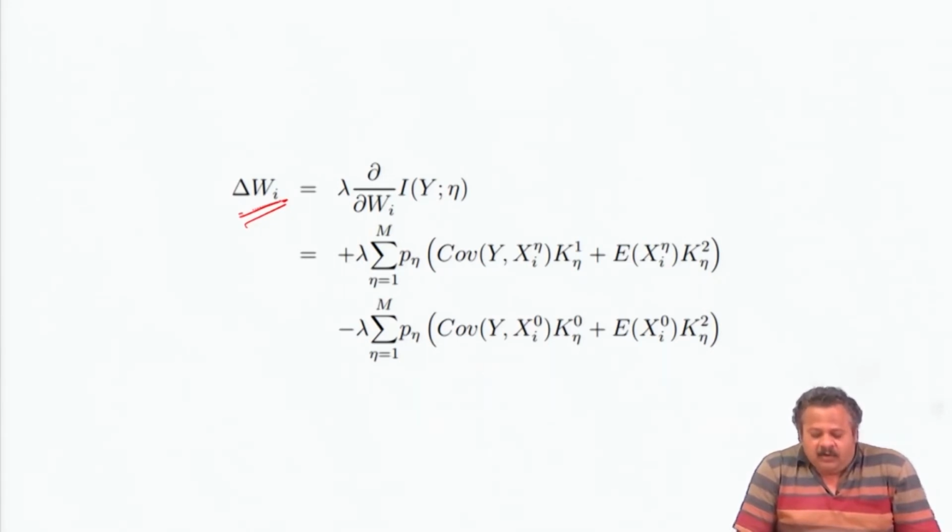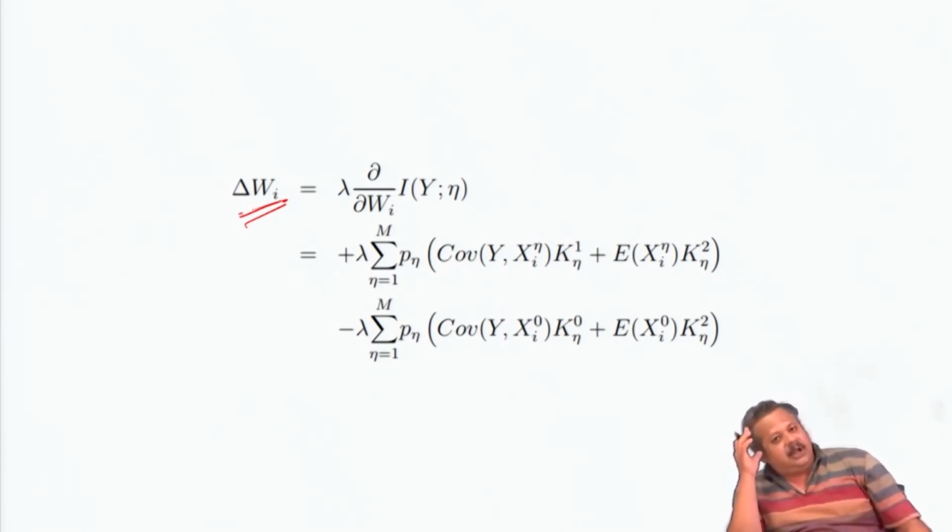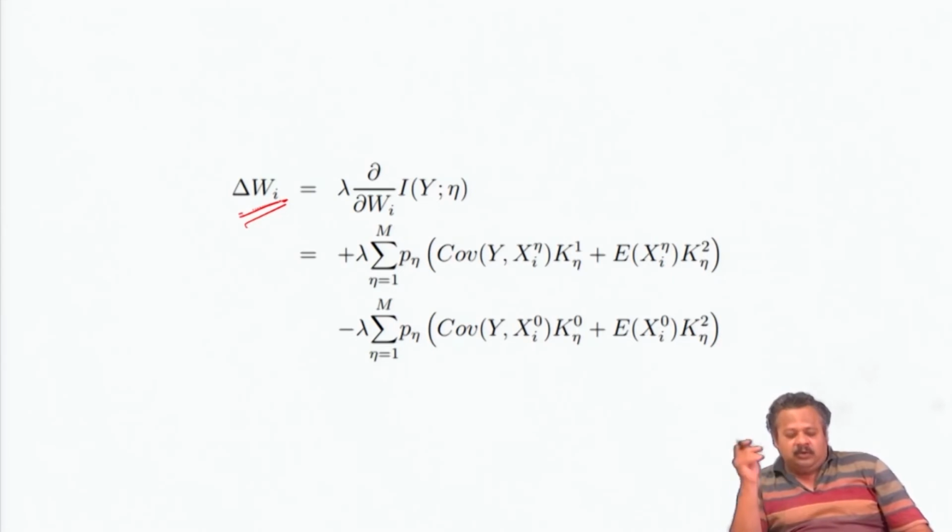And while this expression that we have is not completely intuitive, what this term actually shows is that we will have two basic terms in this expression, where one will be leading towards potentiation and one that will be leading towards depression.